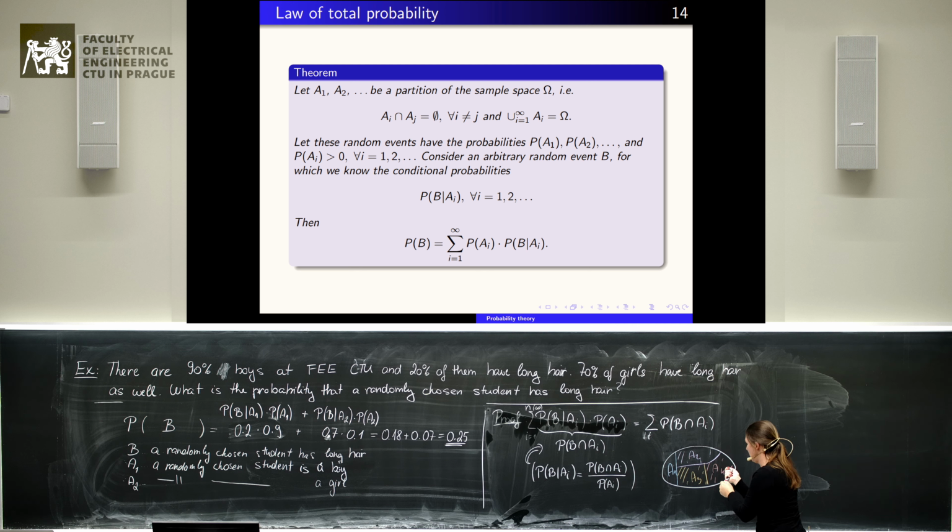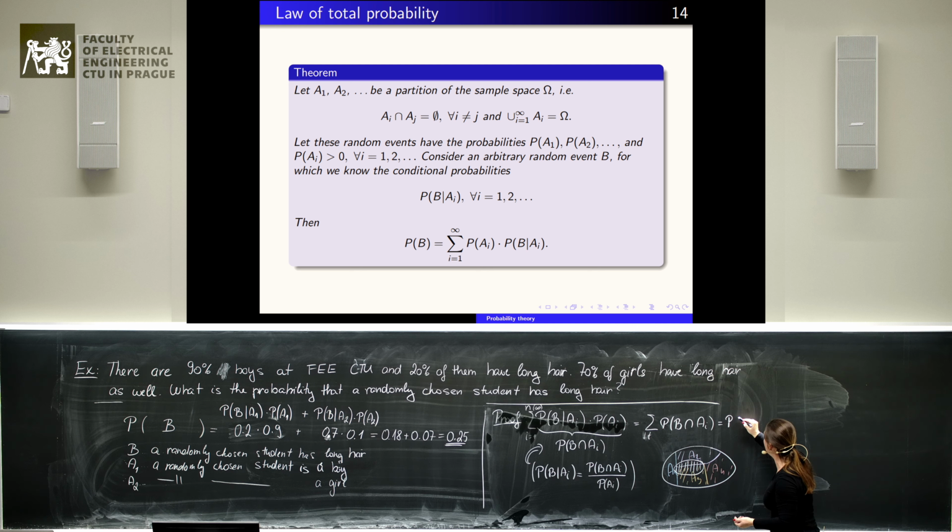What is the sum of intersections of B with Ai?